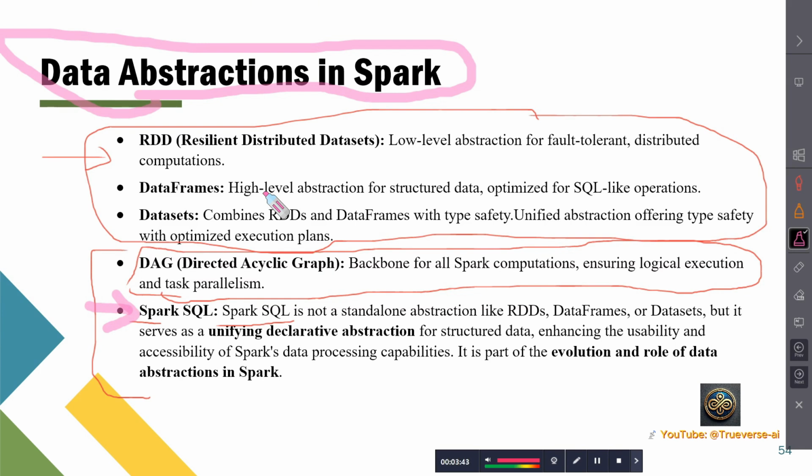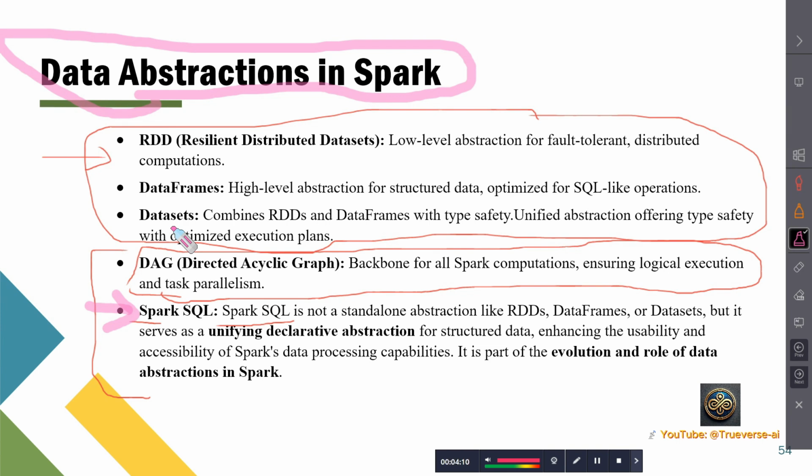For making the comparison table, I spent too much time comparing those five abstractions. So remember, many times we will refer to these five until the data abstraction in Spark section finishes.